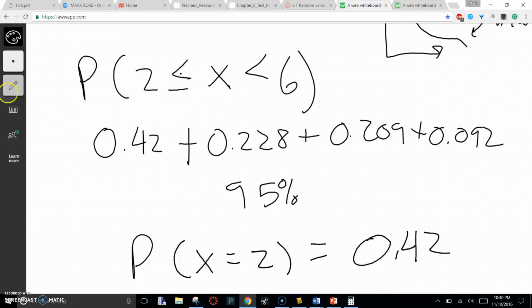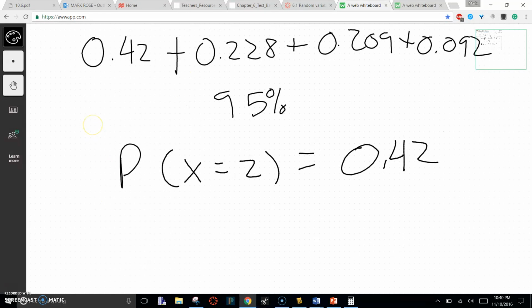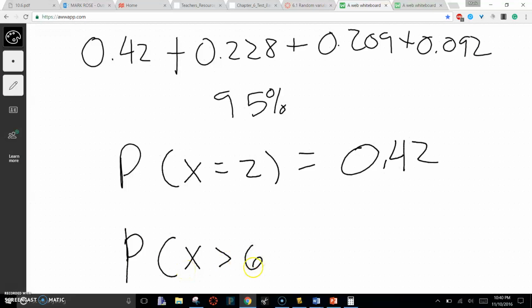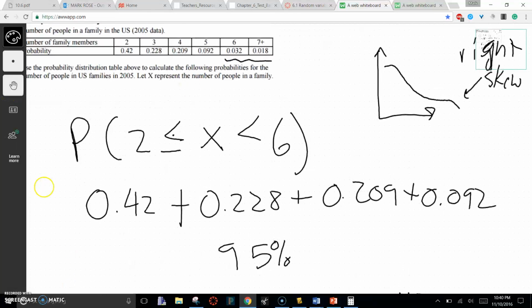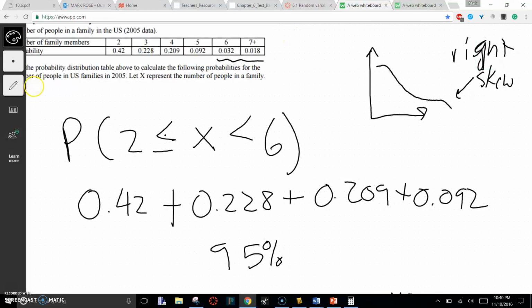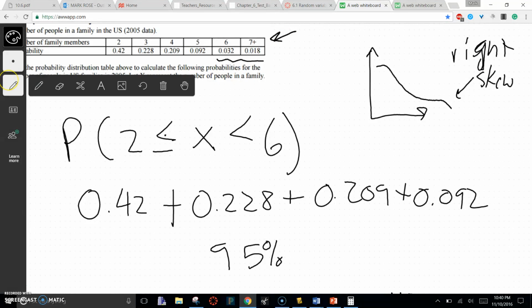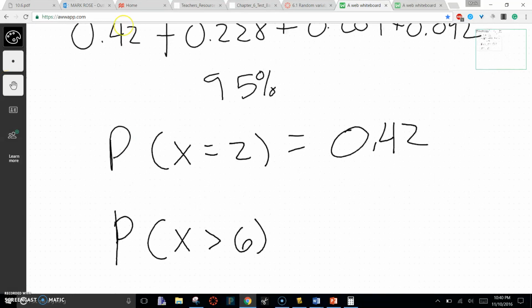One last one that we could do is strictly greater than 6. If my probability was greater than 6, that would include only my 7 right here, because that's the only thing that's bigger than 6. So it would just be 0.018.